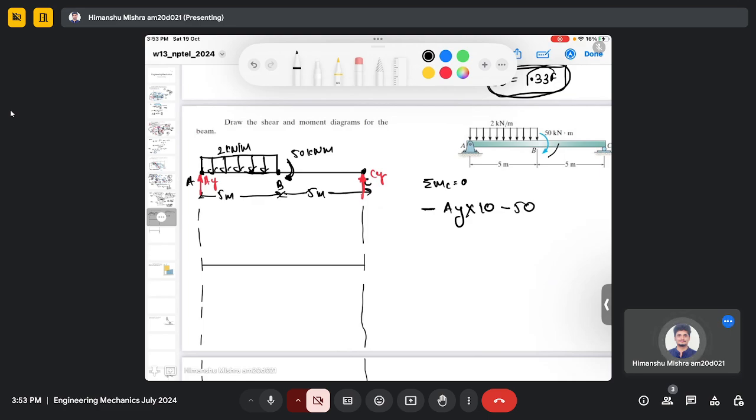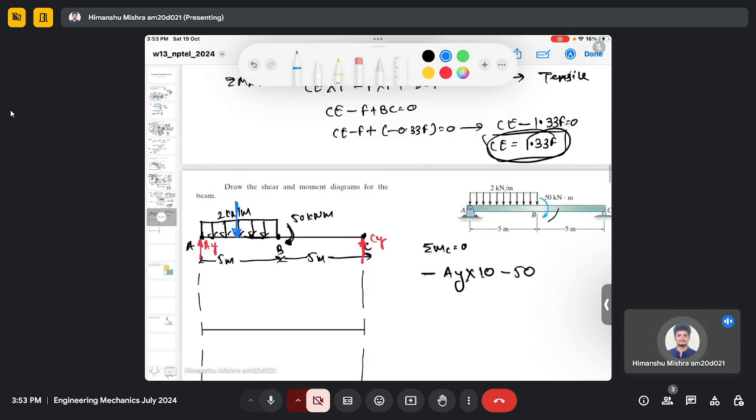and the resultant point load here, so the uniform load is 2 kilonewton per meter, and actually you can use the fact how it is distributed. The distribution more or less looks like a rectangle, right?